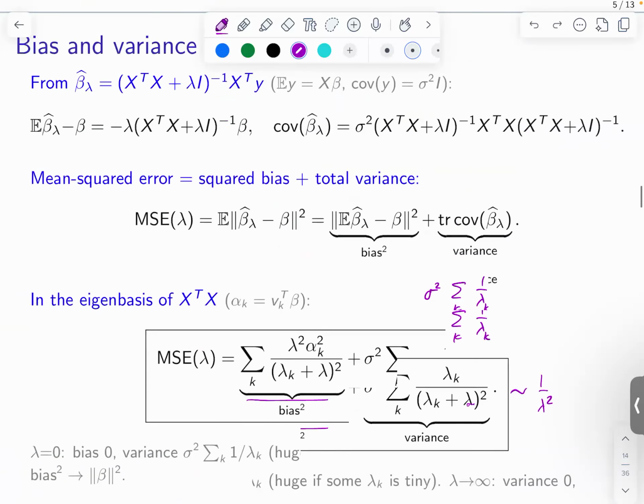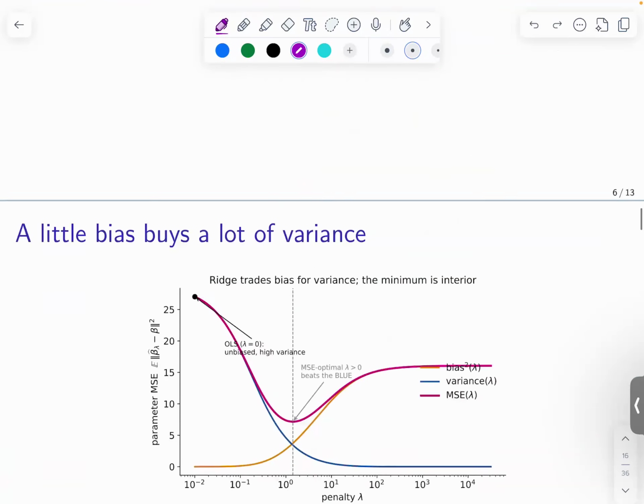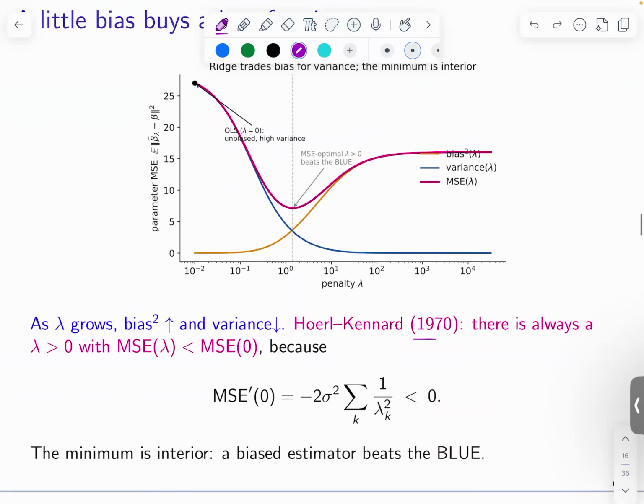You look at this formula, take the derivative with respect to lambda, evaluate at 0, and it turns out to be negative. This says that at this point the derivative is negative, so the function is pointing downward. So it's always good to move away from 0. There's always going to be something. It could happen at infinity, but there's a positive lambda that does beat the OLS.